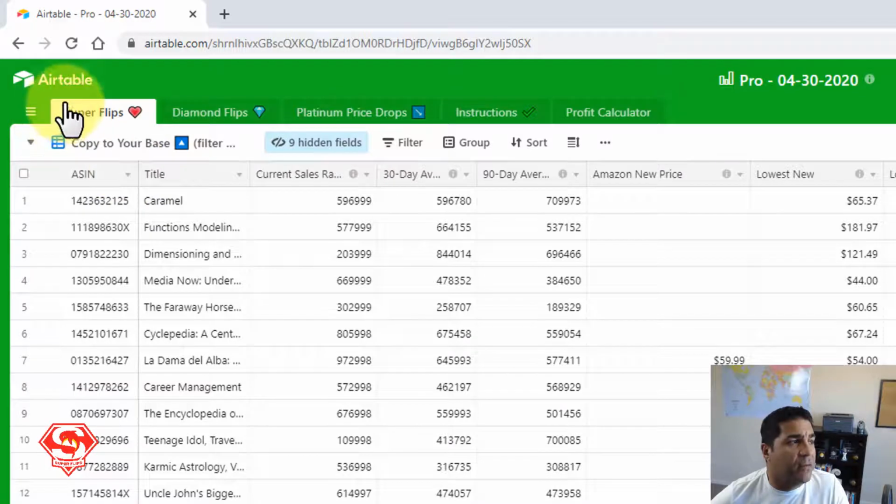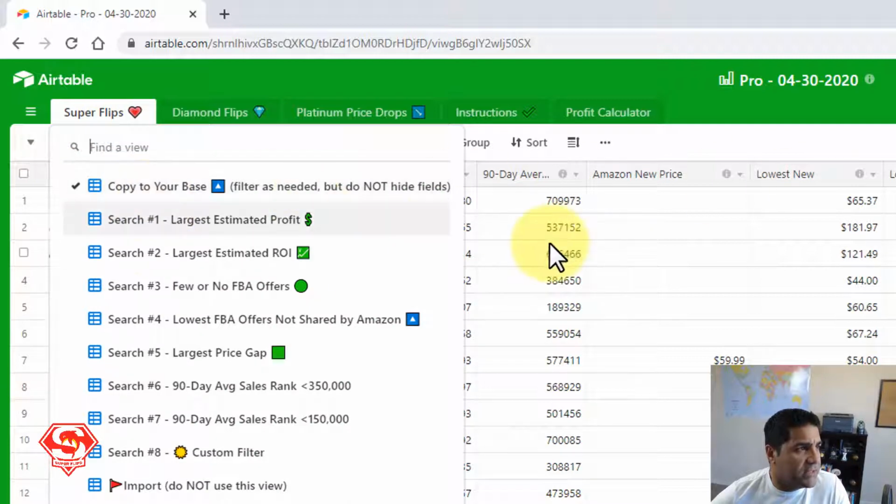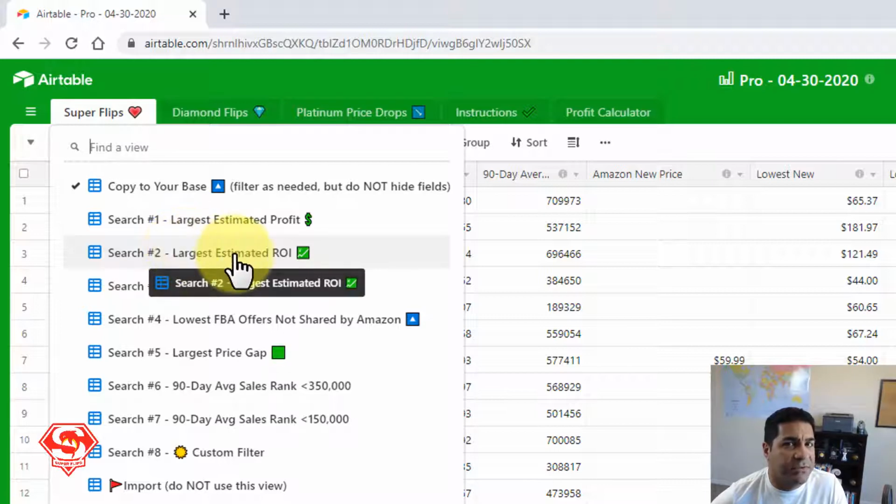So, all right, we are on the super flips table. Now you can see these are called views. When I just clicked on there, these are called views in Airtable, and we've got all these views. Each one of these is a view, and you can see 8 of them are labeled search 1 through 8. So in option one, we cannot create new views. That's something you can do in option two.